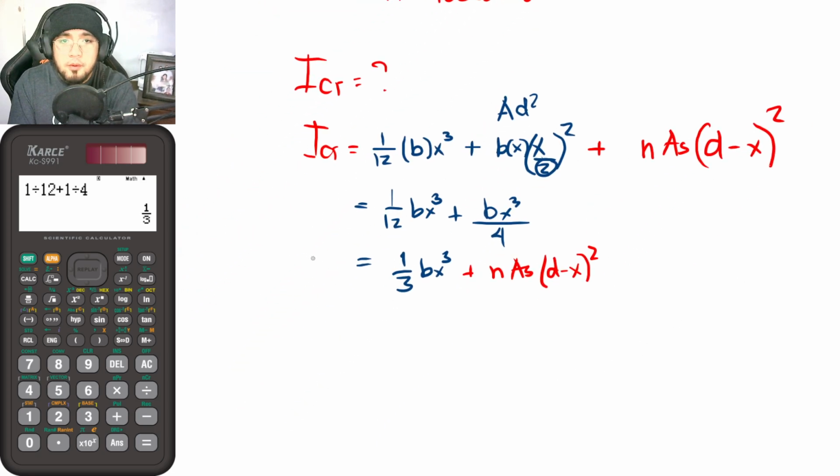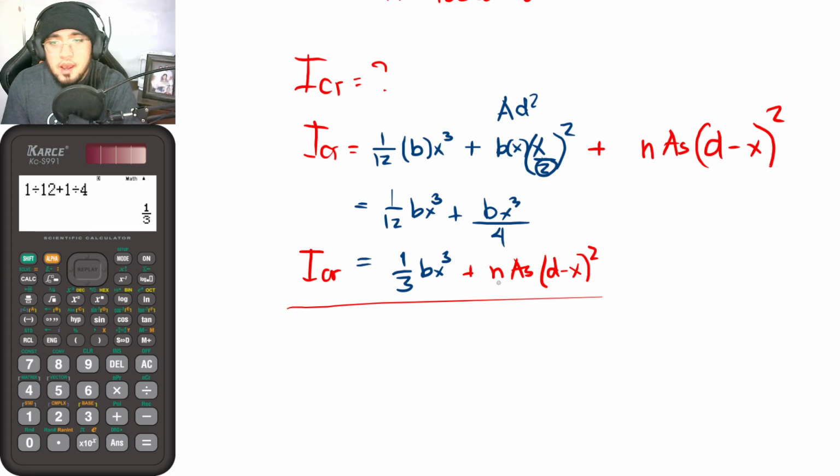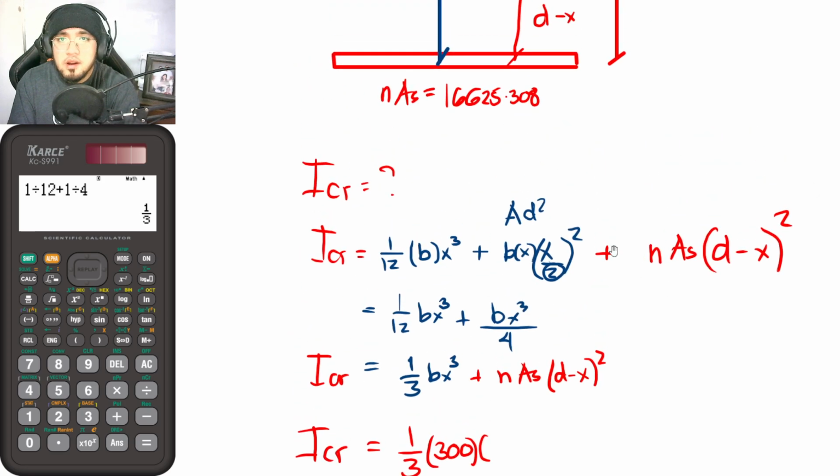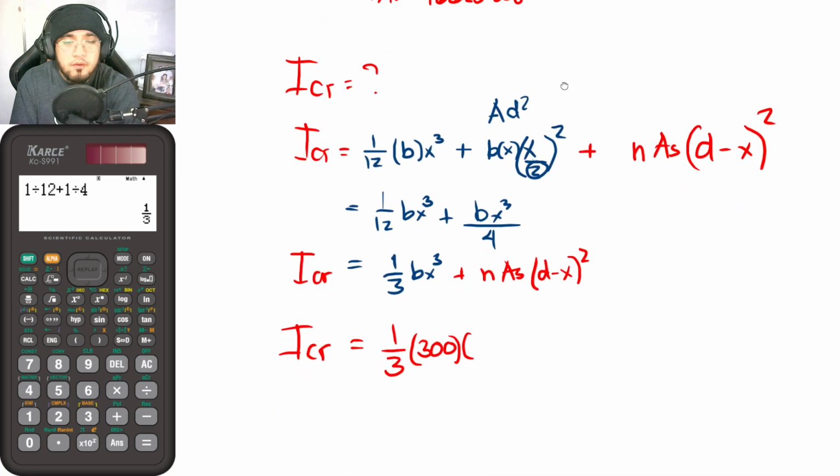ICR is equal to 1/3 bx cubed plus NAS times (D minus x) squared. So our cracked moment of inertia is now equal to 1/3 times B, and our B is equal to 300. Our x, as solved for earlier, is equal to 158.458.